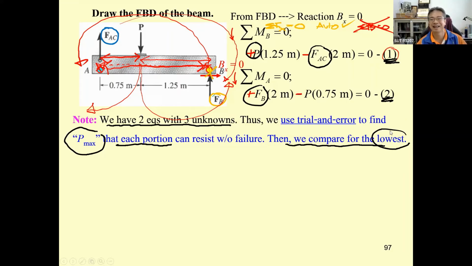First, we have the force in the rod AC, the force in the aluminum block, and the force in the connection, the bolt. The bolt is subjected to shear stress, the rod to normal stress, and the aluminum block to normal stress.